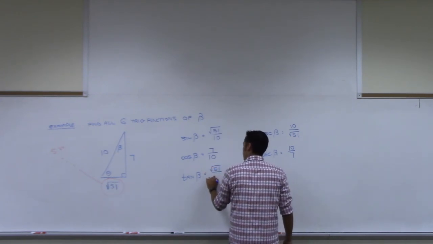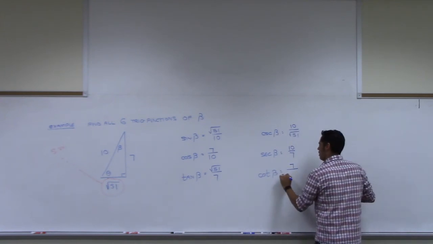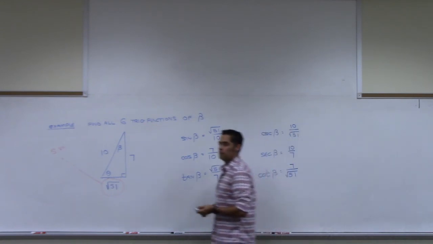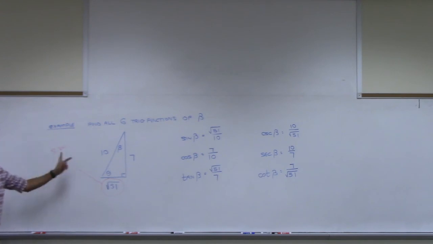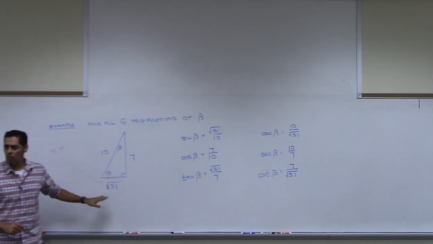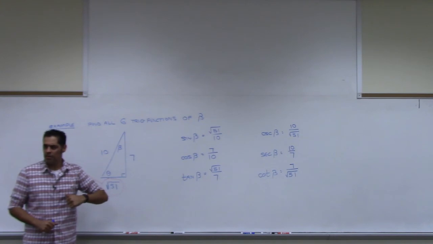That's opposite over adjacent. And then this one is the reciprocal, so 7 over root 51. Any questions? Somebody gives you 2 sides of a right triangle. You can always find all 6 trig functions. You're going to have to solve for one of the missing sides, but then you just set up all the ratios and you're in business.